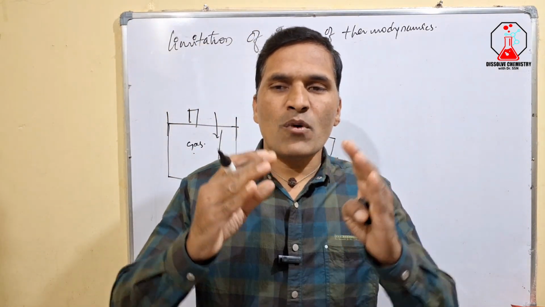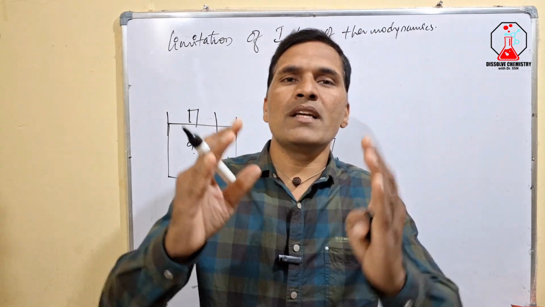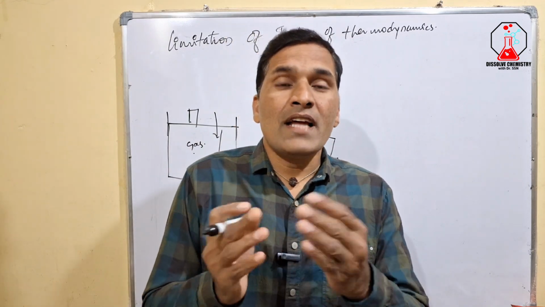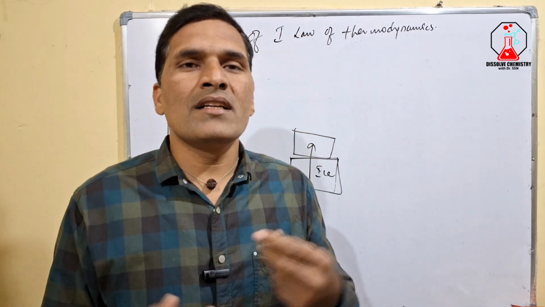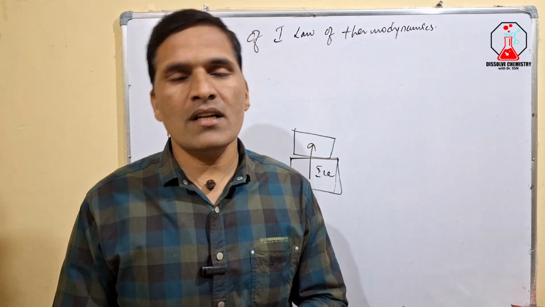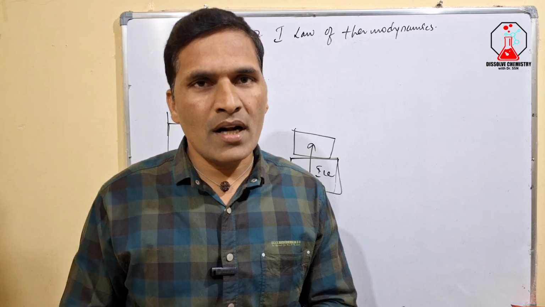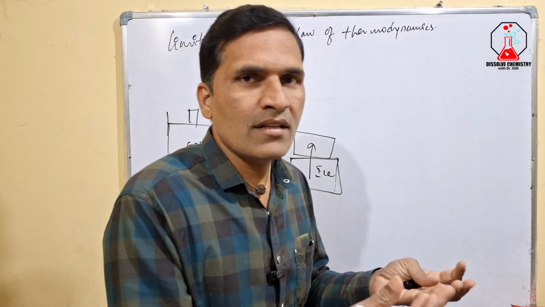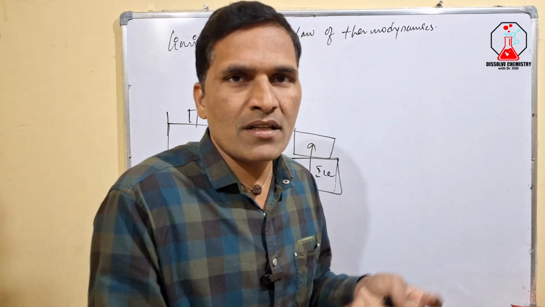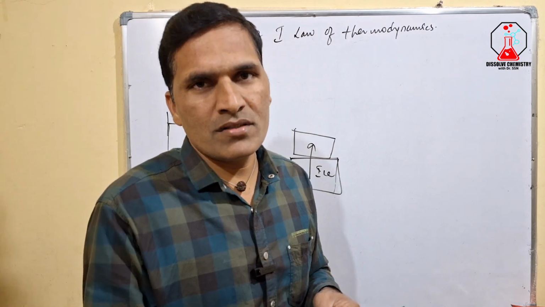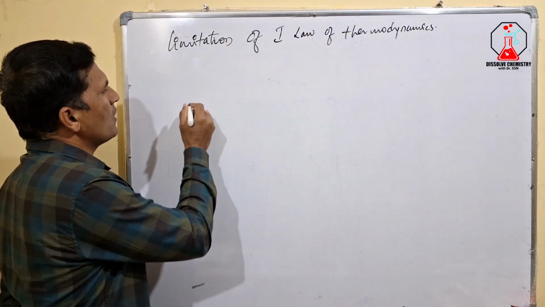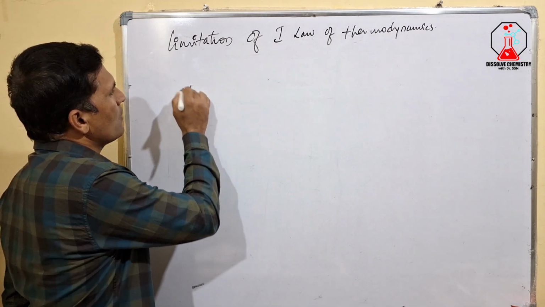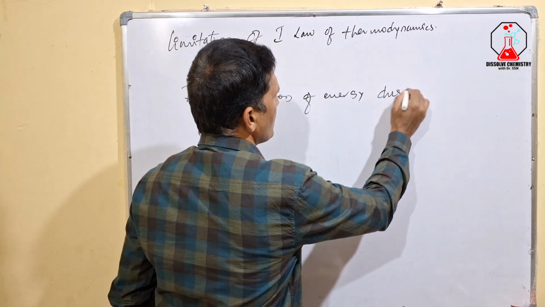Means spontaneous processes are feasible or occur in a particular direction, but that spontaneity or feasibility is not addressed by the first law of thermodynamics. And to tell the direction of the spontaneity or feasibility of the reaction in a particular direction, the second law was enunciated. It gives the information regarding only the transformation of energy during the process.